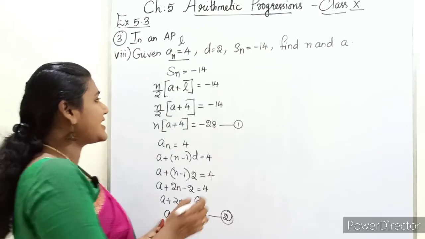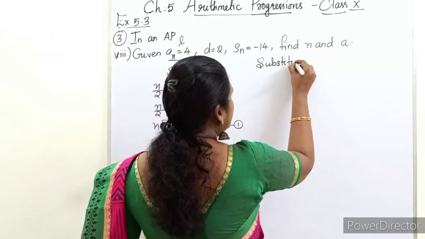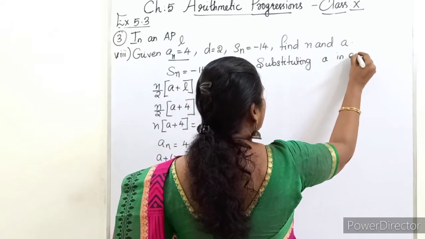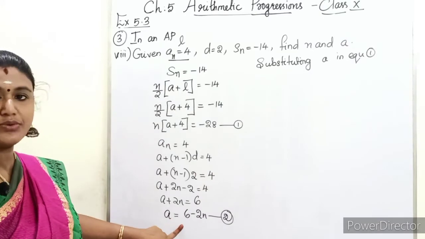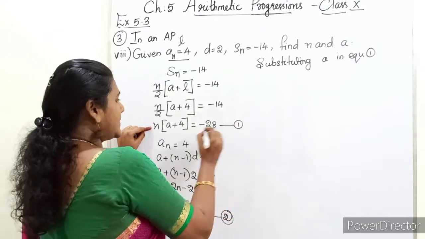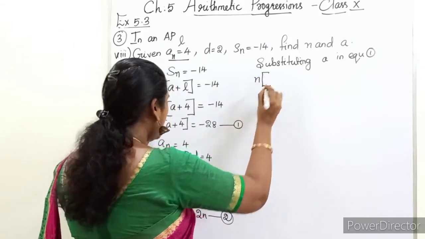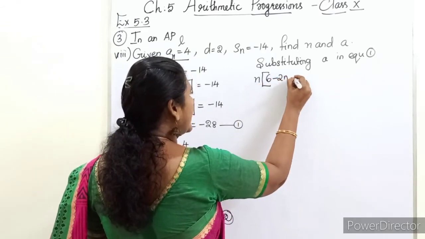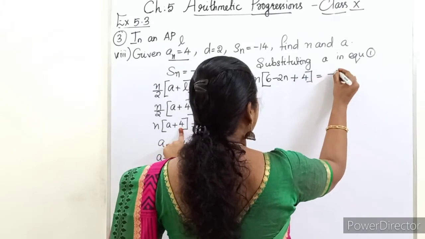Substituting the a value in equation 1, we substitute the value of a as 6 minus 2n. So the first equation, n into the value of a, which is 6 minus 2n, plus 4 is equal to minus 28.